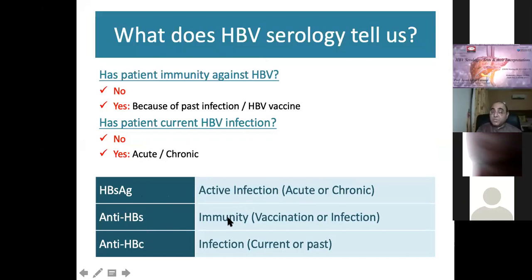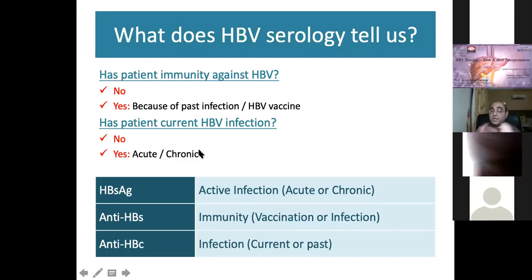Anti-HBs means immunity, whether this immunity is because of the vaccination or because the patient was infected and has now recovered. And anti-HBc means whether the infection is current, acute, or it was a post-infection or long-term infection. So the serology tells us, does the patient have immunity against HBV? No. Or yes, and if yes, whether it is because of post-infection or the HBV vaccine. And whether the patient has a current infection, no or yes, and if yes, whether this is acute or chronic.